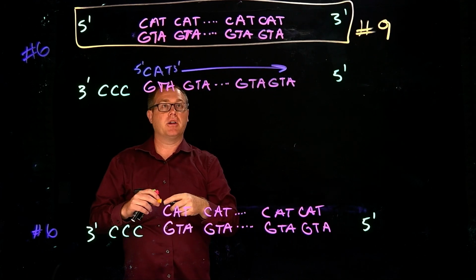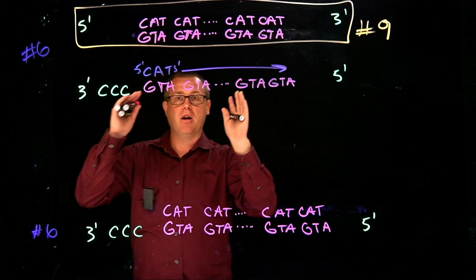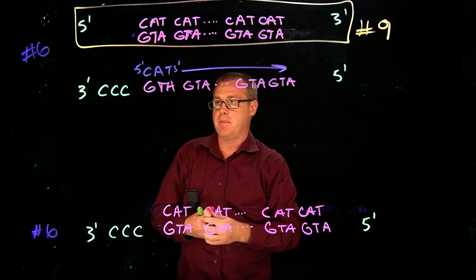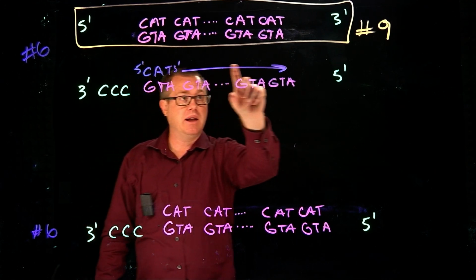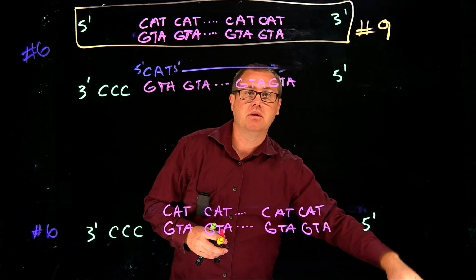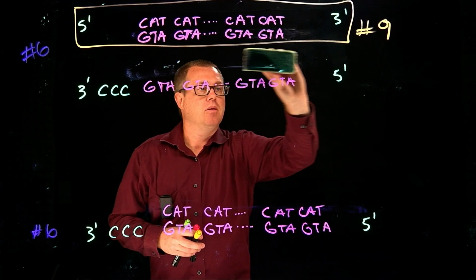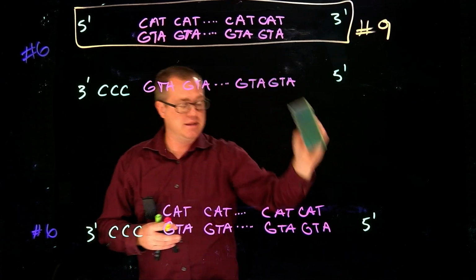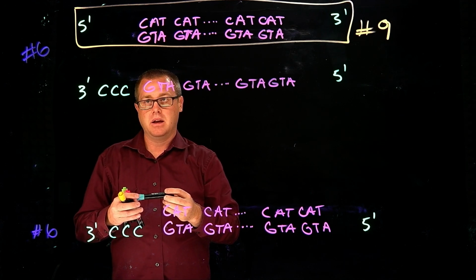You can see that molecule 9 is just the gene of interest. We got rid of all the green. But molecule 6 template strand, shown here, is going to turn into a second molecule of DNA. It will turn into molecule 10. But what does it have going against it right now? Let's see here.